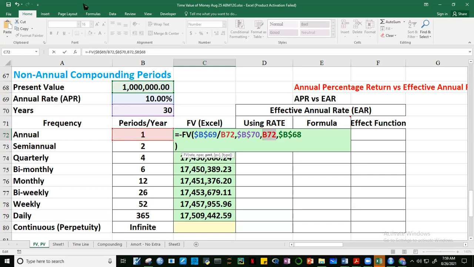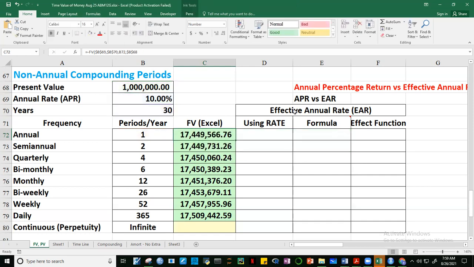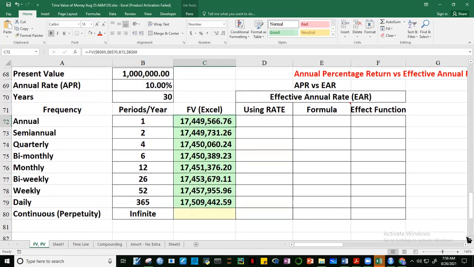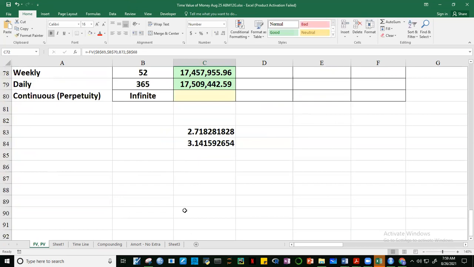okay, let me draw that. If we put 1 as the annuity, this is very interesting, because this is a good learning experience for us, Khalil's answer.